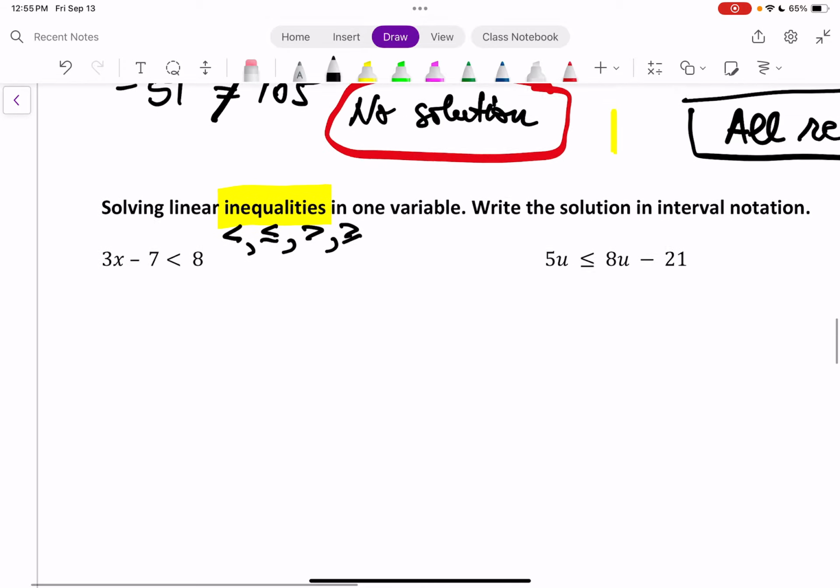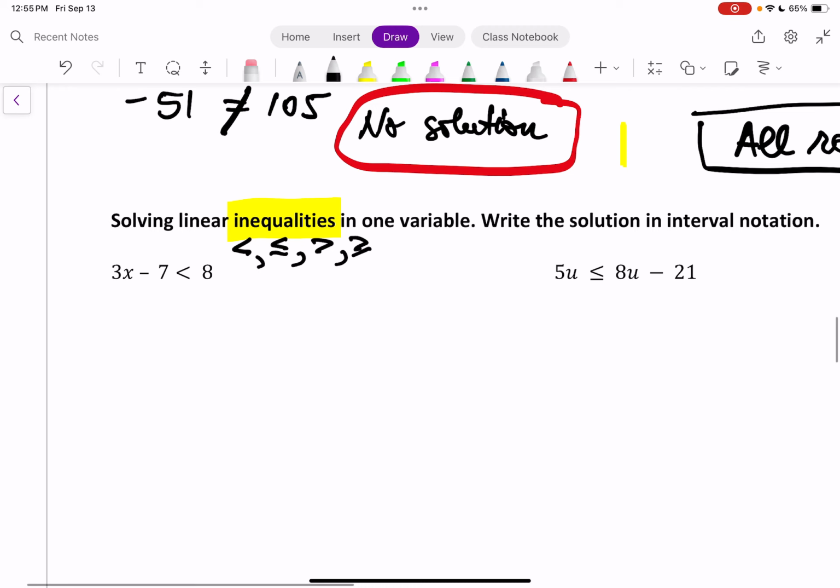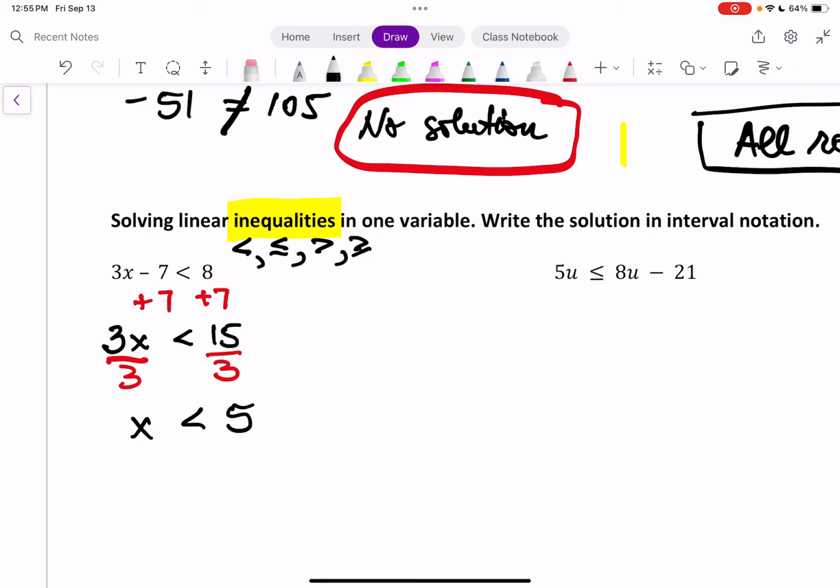Now, the way we're going to solve an inequality is really pretty much the same way we solve an equation. We're going to try and get the x by itself. So we're going to add the 7, divide by 3, it's the same exact expressions that we had in our first equation.